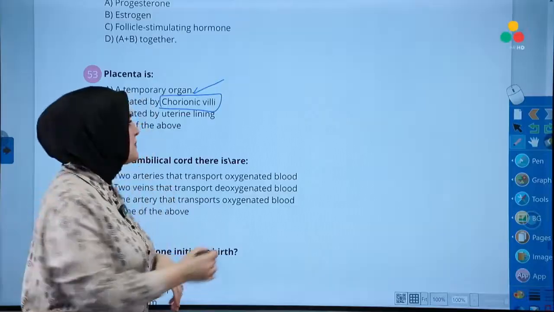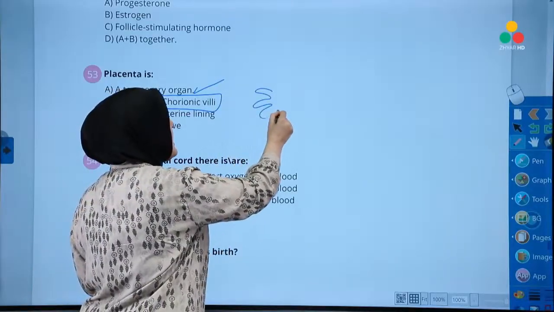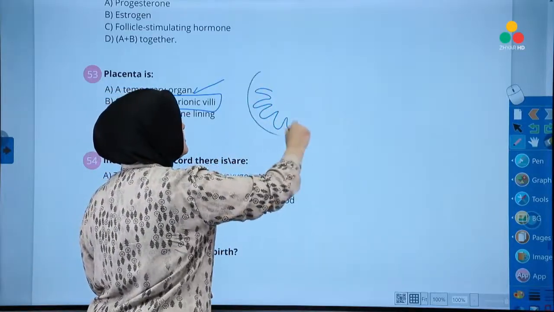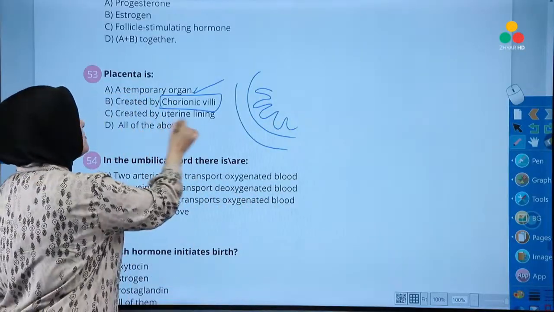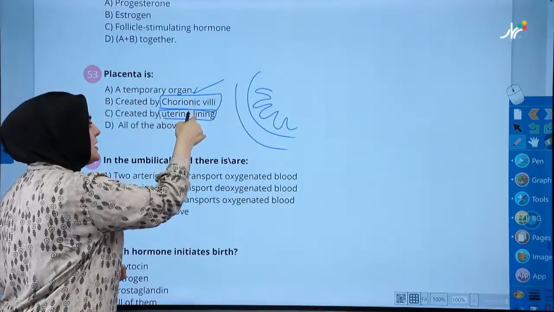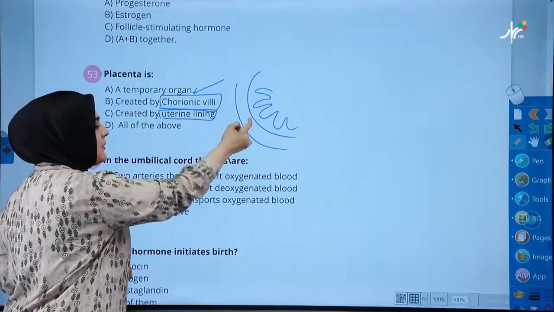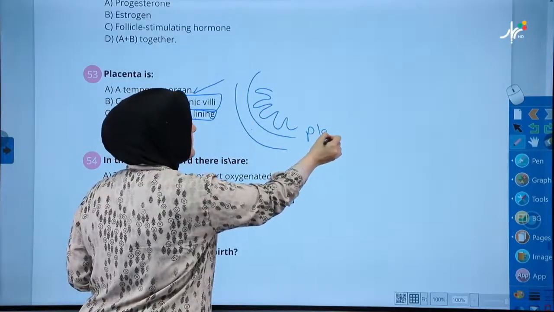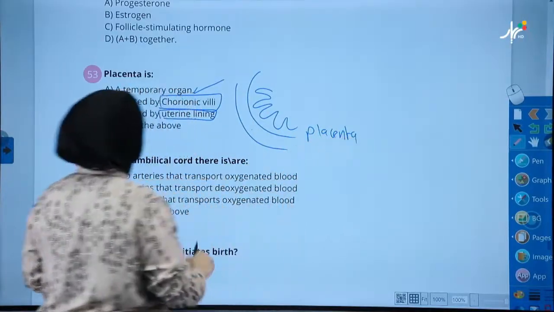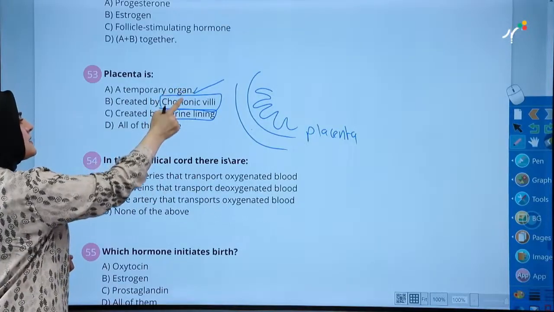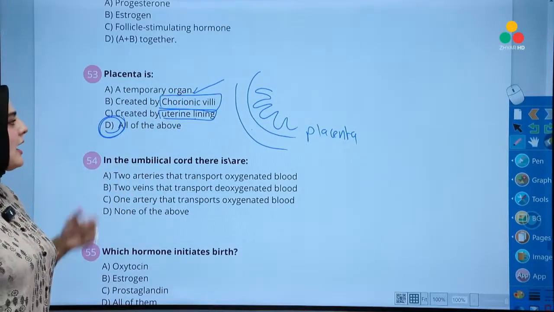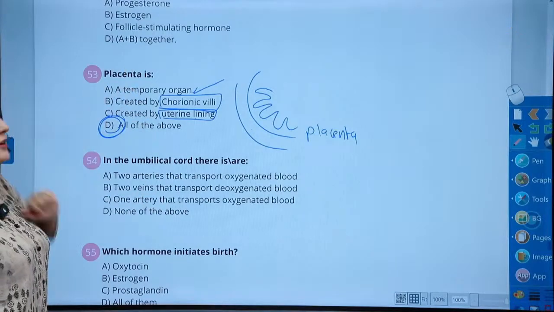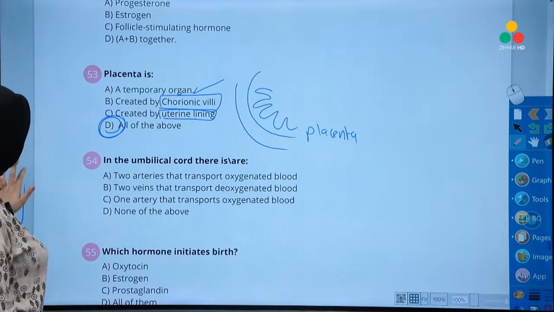It's creating these projections that look like that. It's going to intervene into the uterus lining and create the placenta. So the uterine lining with the chorionic villi, together they create what? The placenta. That's how we know if this is right and this is right and this is right, D was our correct answer. I hope you know these 3 are correct about placenta.